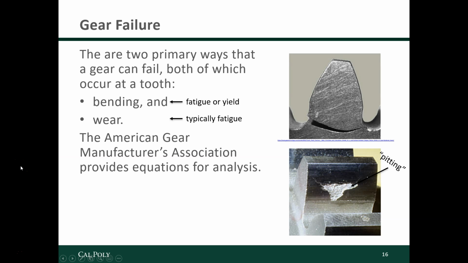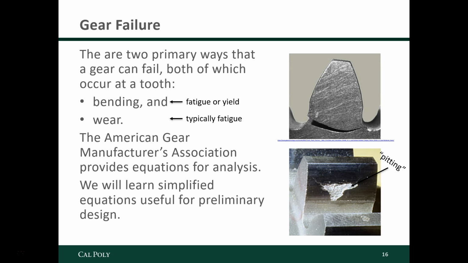So AGMA, the American Gear Manufacturers Association, provides equations that you can use to analyze gears. We're going to learn a simplified version of those equations. Well, I shouldn't say it's just simplified. It is basically those equations, but without all the extra complicating factors. We're going to learn the Lewis bending equation, and that is the predecessor to AGMA's equation for analyzing the teeth for bending.